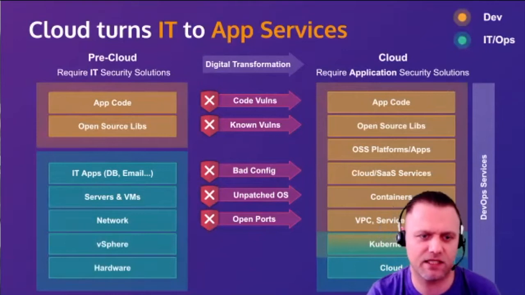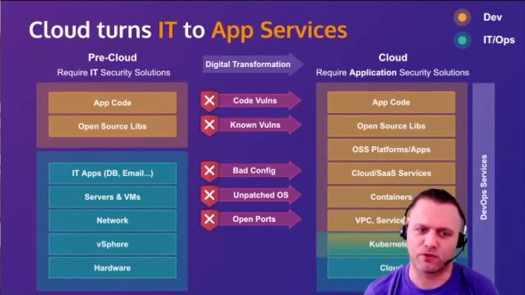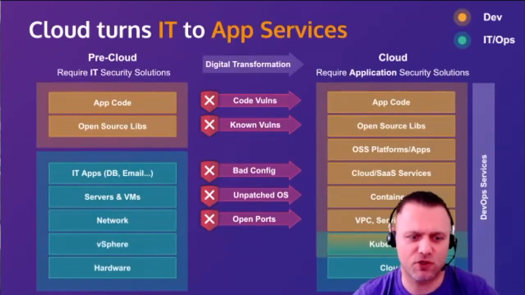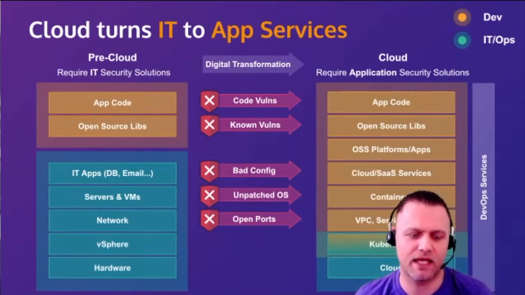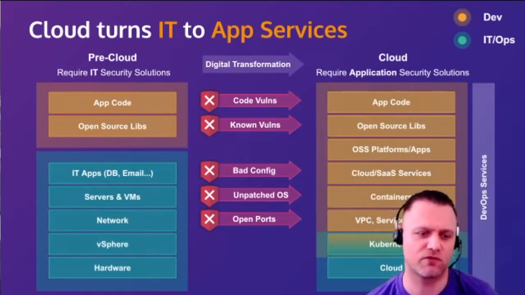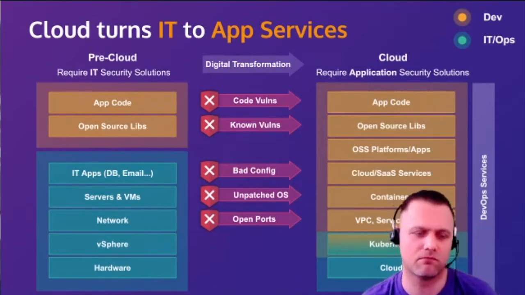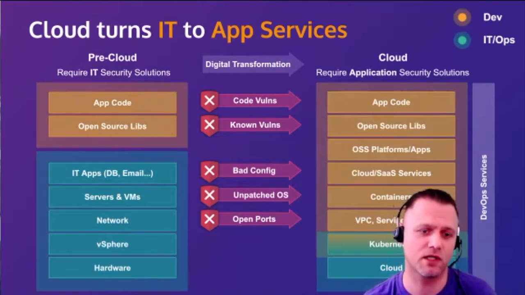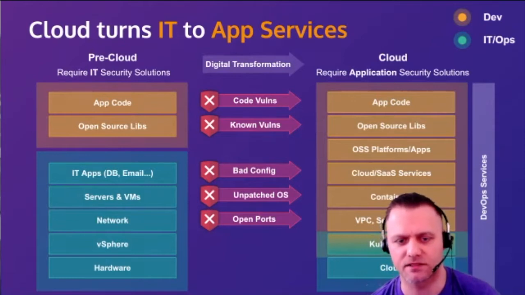I hand over my artifacts to the operations team, like the sysadmin or ops, whatever you want to call it, and then they would deploy it on the server. It can be virtualized, it could be on bare metal, but they took care of the network, the server, the VMs, everything. So I only had to worry about my own code, maybe security issues or flaws in my code, and known vulnerabilities in open source libraries.